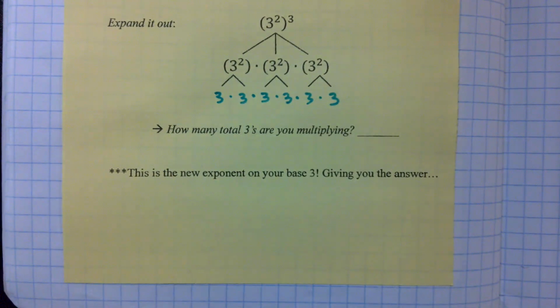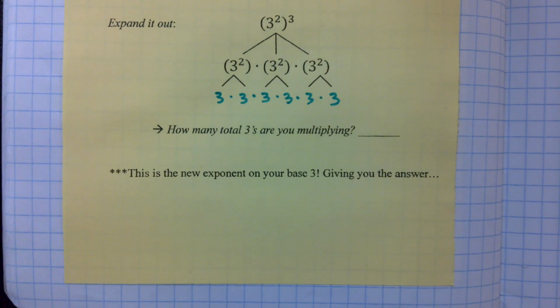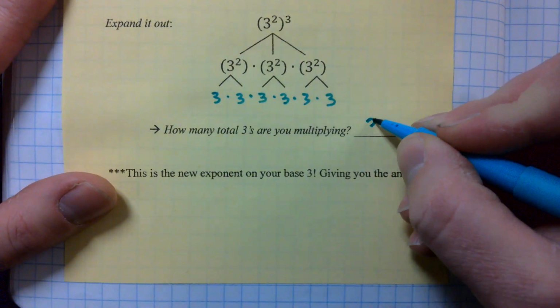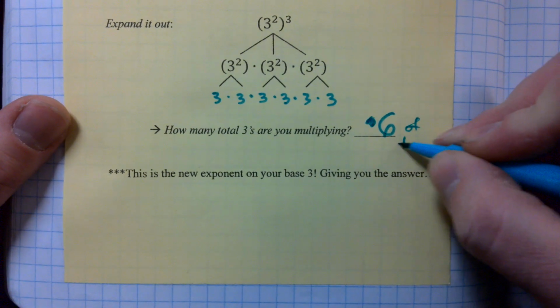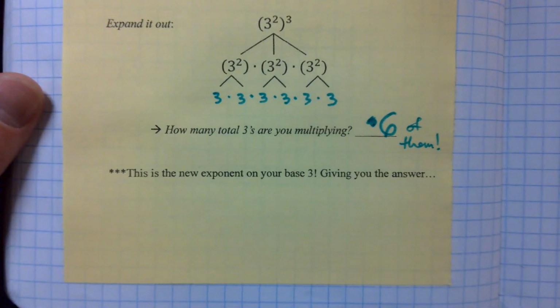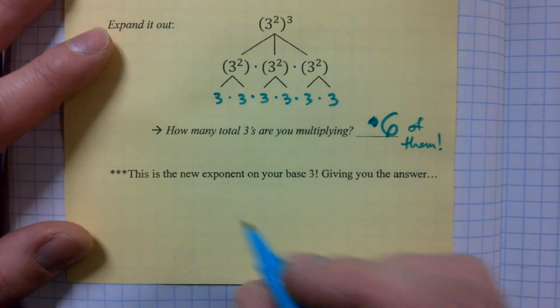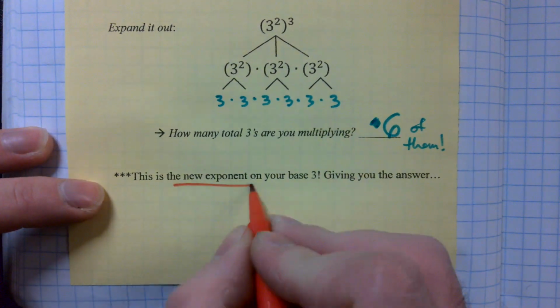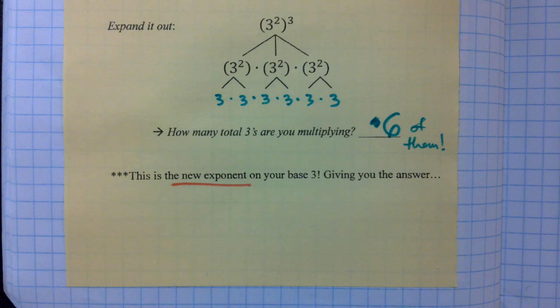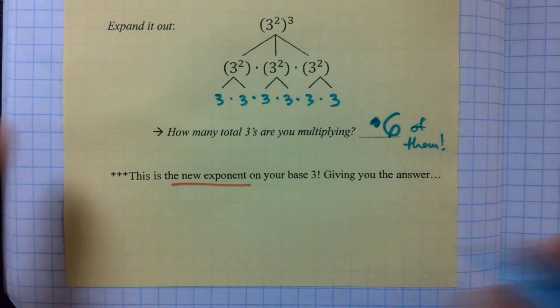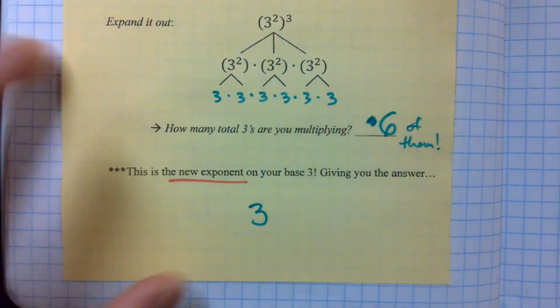Okay, see how we did 2 levels of expanding out? Well, how many 3s do I have in total? I got 6 of them. So because I have 6 3s, if I was going to bring all those 3s together, I could write it as 3 to the power of what?